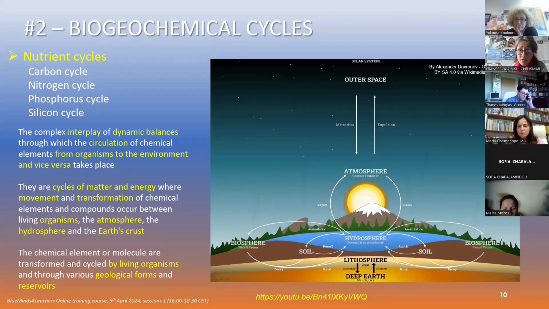And these are the most important processes that are acting on our planet. And they mix together atmosphere, hydrosphere, lithosphere or geosphere, and biosphere systems. So it's a way to interact.